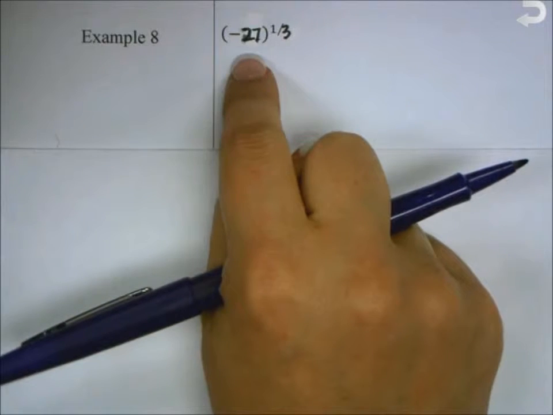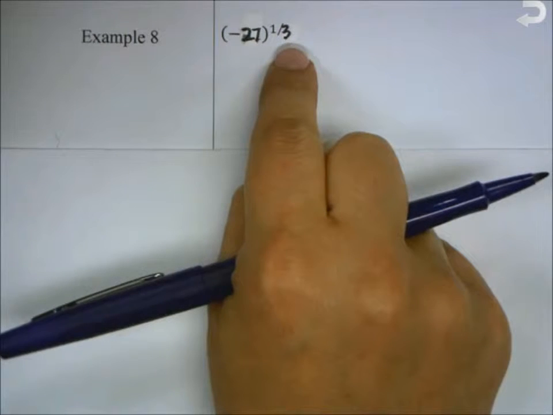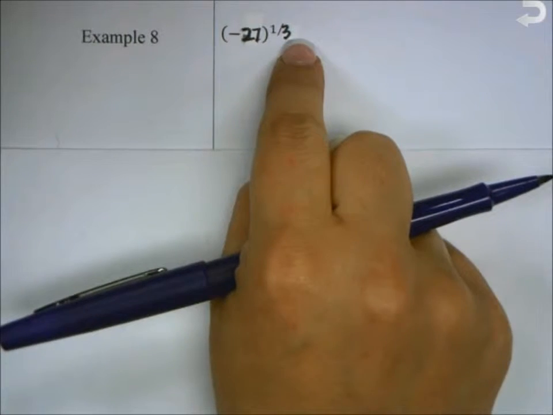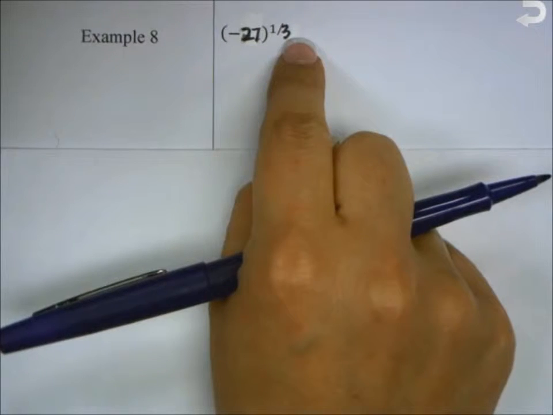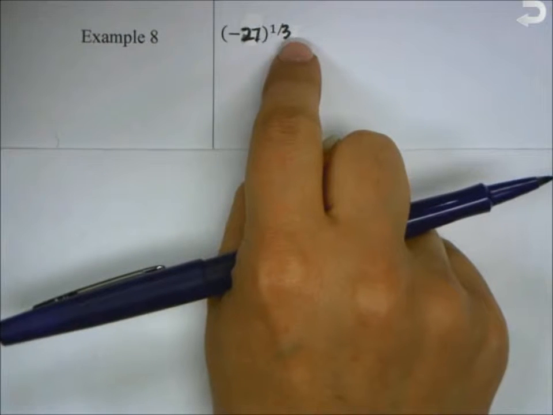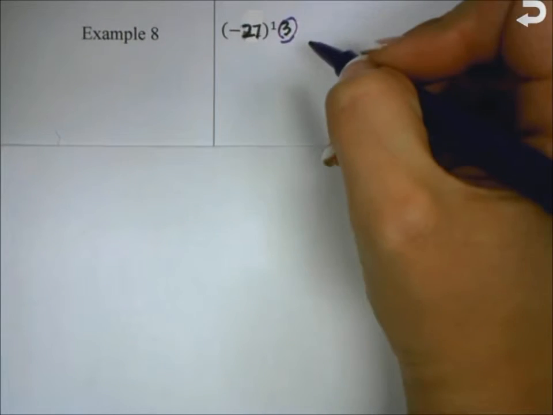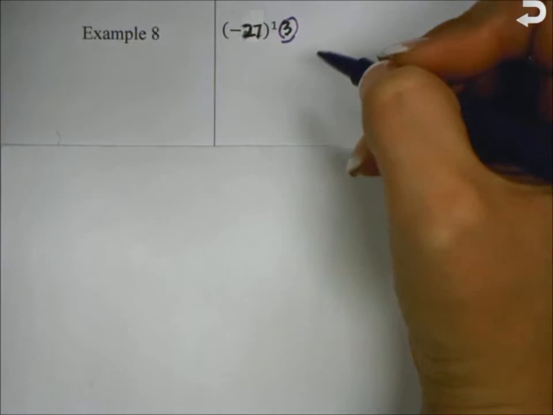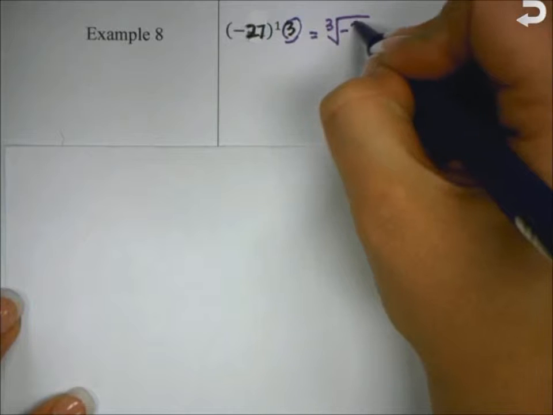Because let's think about it. This is the same as the cube root of negative 27, all of that raised to the first power. So that's the same as just saying the cube root of negative 27. And so I'm looking for a number that when I multiply it by itself 3 times gives negative 27. So I know right off the bat that my number has to be negative.